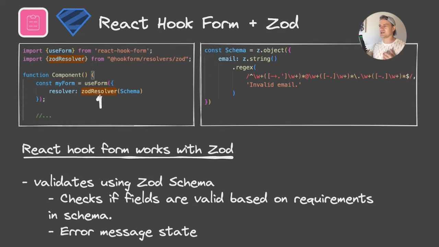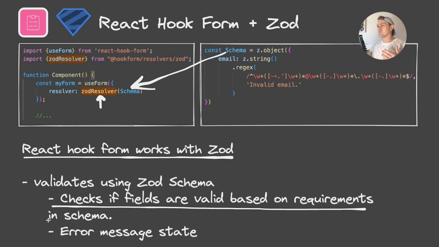It has what's called a Zod Resolver, which allows us to just pass a Zod schema to the React Hook Form use form hook, and it will use that schema that we defined with Zod in our Zod syntax to check all of the form's fields and make sure that they are passing any validation that we specified for each given field. And then it will also handle showing the correct error message anytime a specified validation fails.